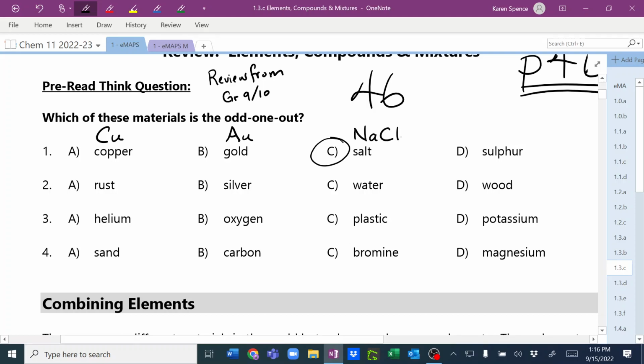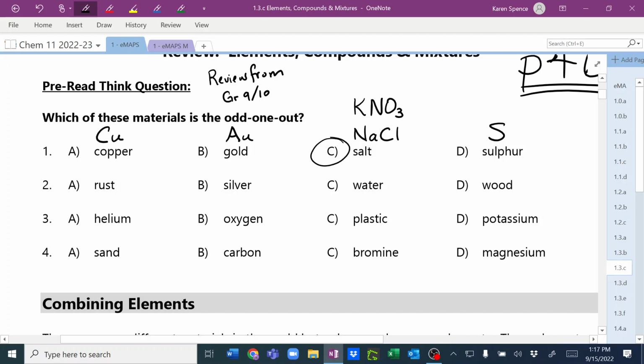That is actually table salt. In fact, any ionic compound is called a salt. So I could actually have potassium nitrate, and that is also a salt. Don't worry about that too much. We'll deal with that when we get into compounds. But those are salts. And then sulfur, of course, is S.